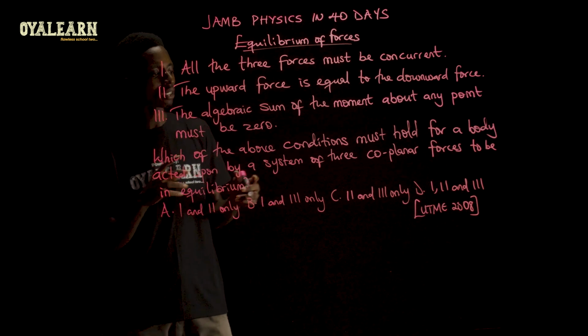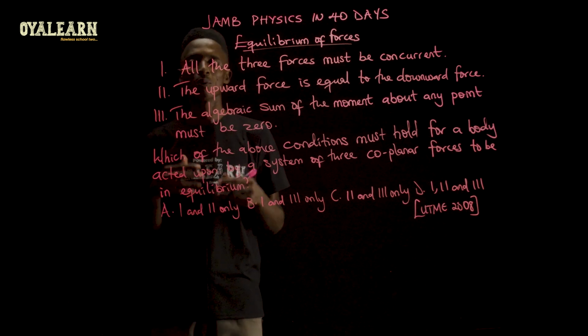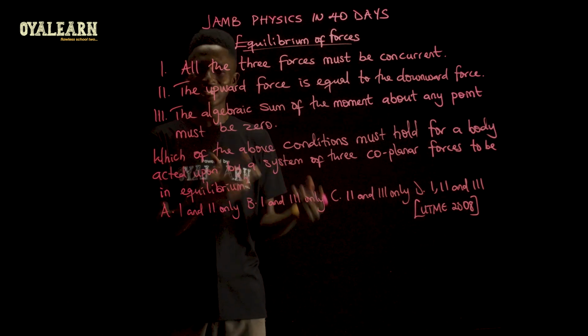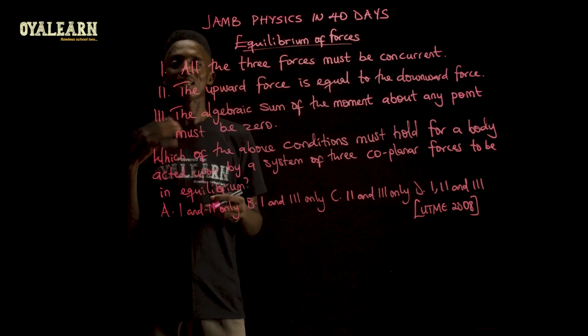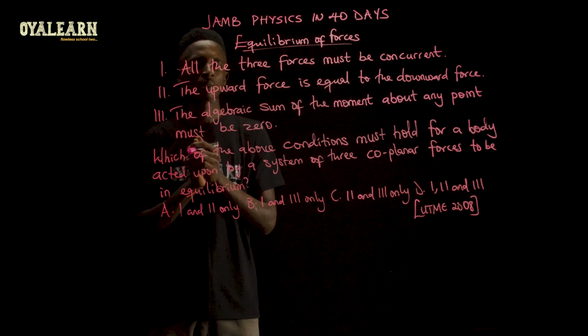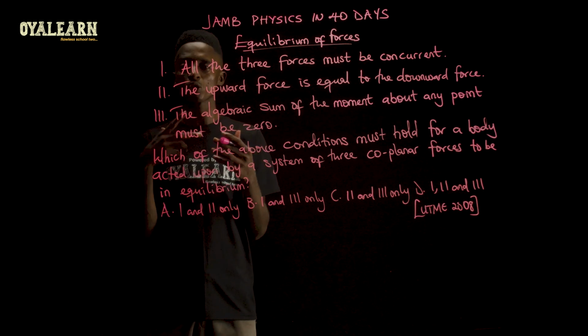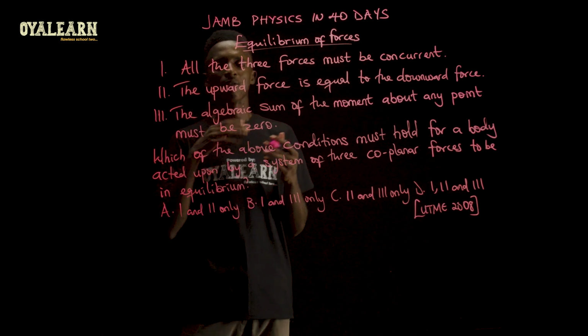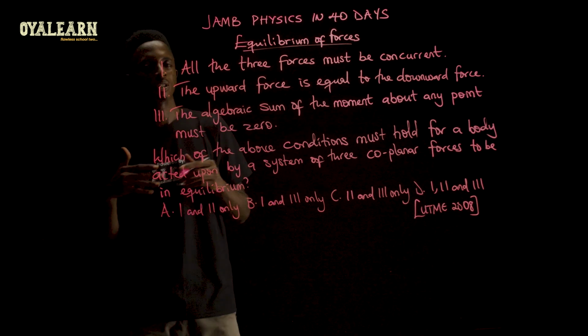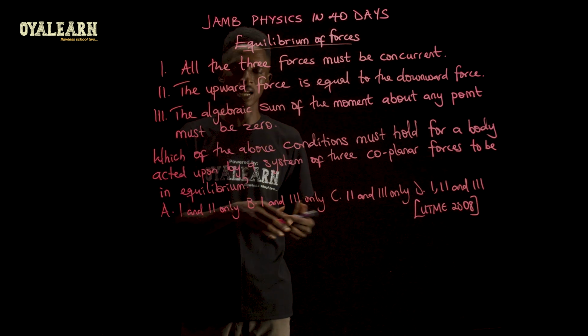Now, when a body is acted upon by coplanar forces, and we say that such a body is at equilibrium, what that means is that there are some conditions that must be fulfilled. The two conditions we often mention is that the force acting in one direction must equal the sum of forces acting in the opposite direction.